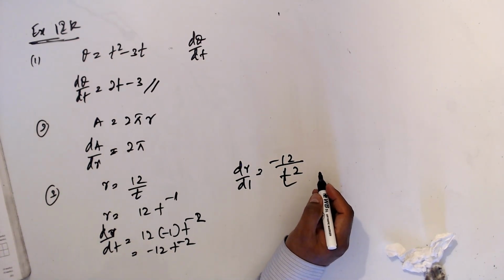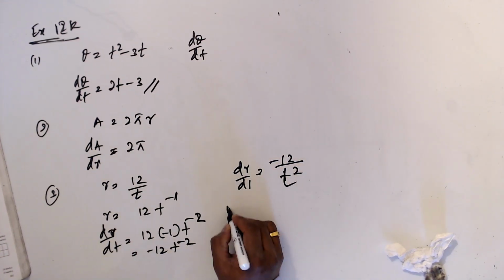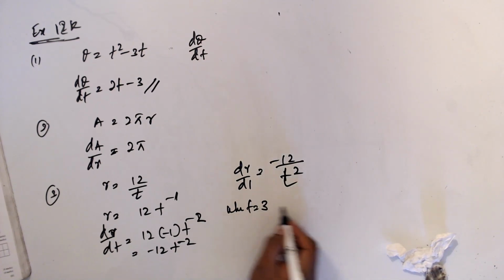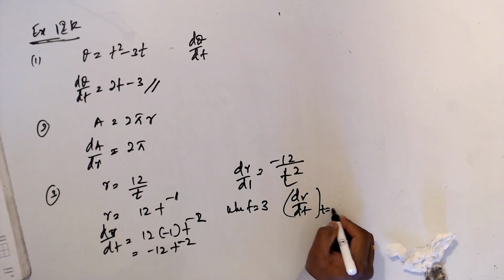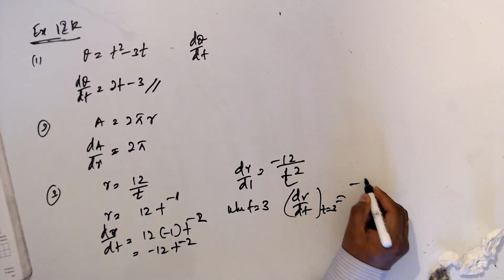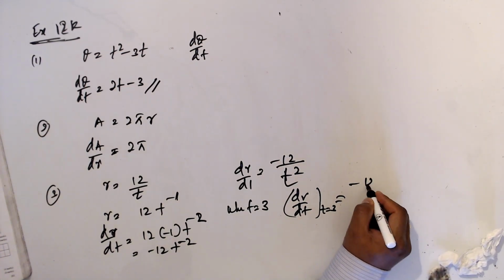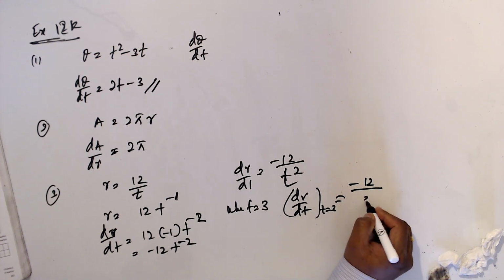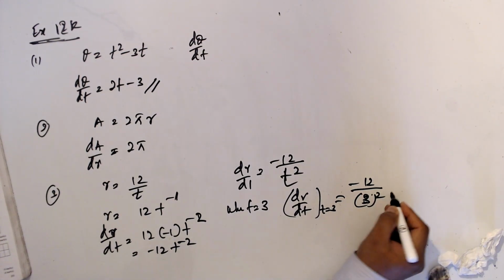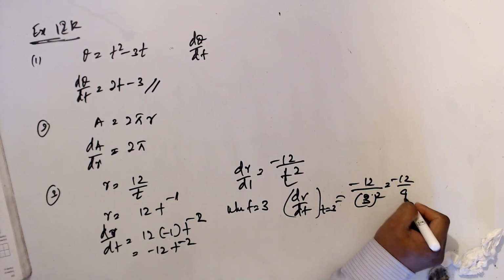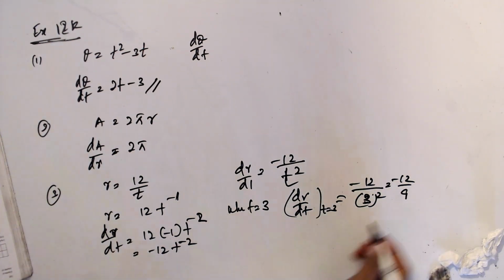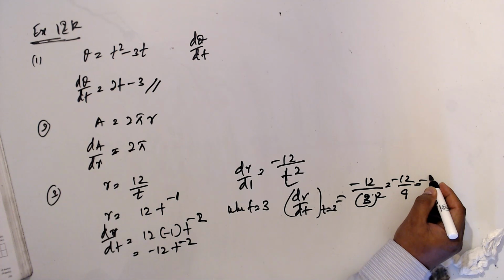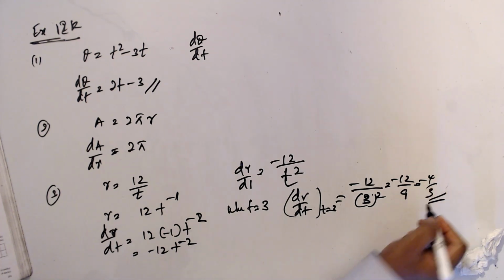Now at which point? When t equal 3, dr over dt at t equal 3 is minus 12 over 3 square, minus 12 over 9, minus 4 over 3.